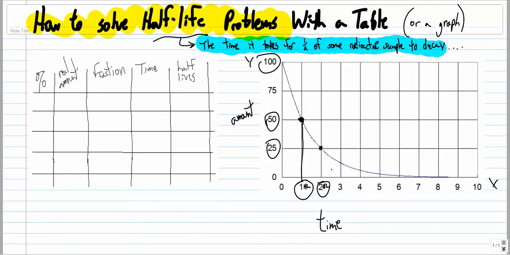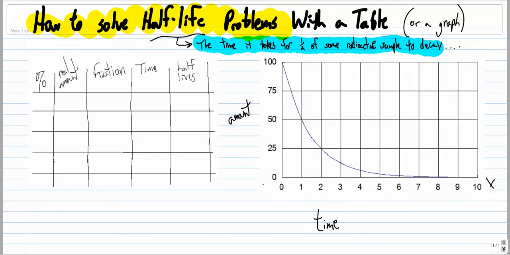Let me clean this up for a second here. We could just as easily mark this out instead of counting by half-lives, we could say that we're counting by every 3 years. So 3 years, 6 years, 9 years, or this could be in seconds. So I guess for the time axis, we're going to think in any time unit we want. Seconds, minutes, billions of years maybe, or maybe we're just going to mark it out in half-lives.